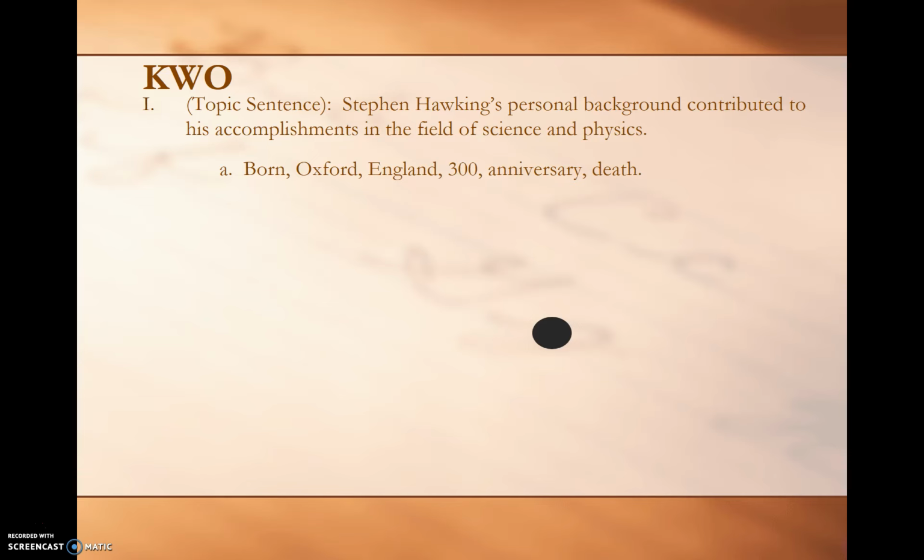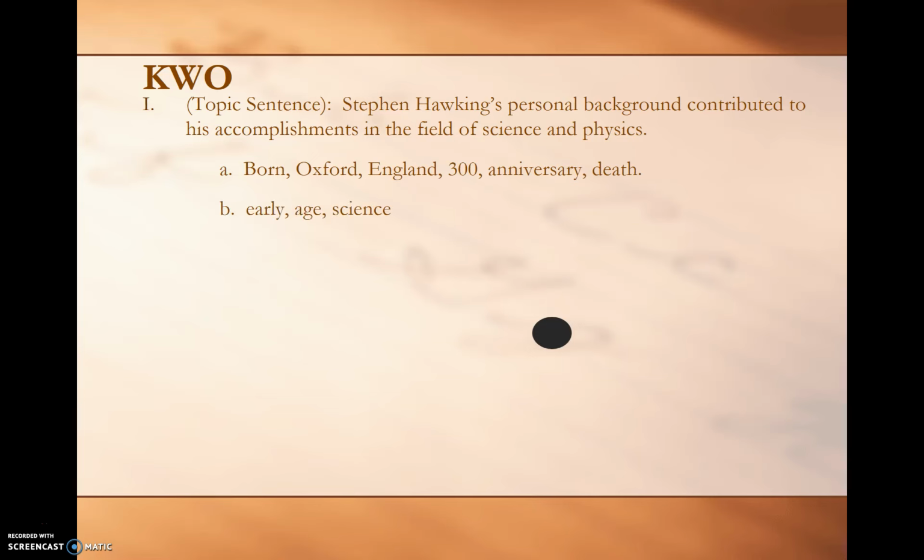That is from the encyclopedia entry and the PBS internet entry. So I think that's pretty important, and that's probably a good way to start our personal background paragraph, because if we want to keep this paragraph organized, that's going to be the earliest piece of information that we have about him.